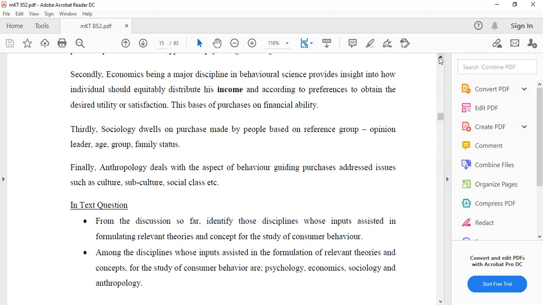Anthropology deals with that sort of behavior that guides processes like culture, subculture, social class, and so on and so forth.